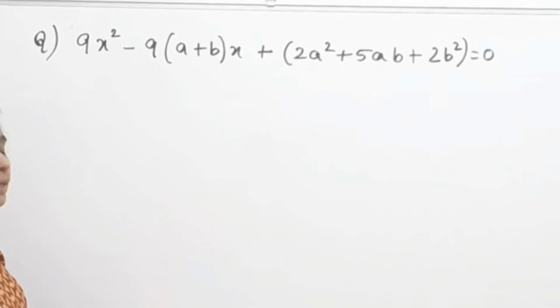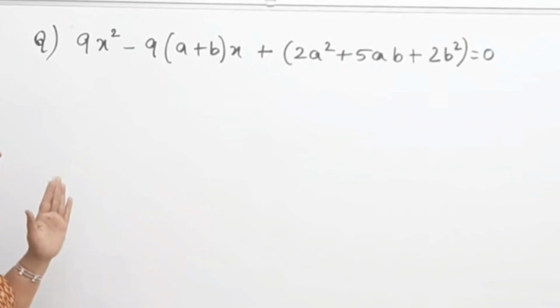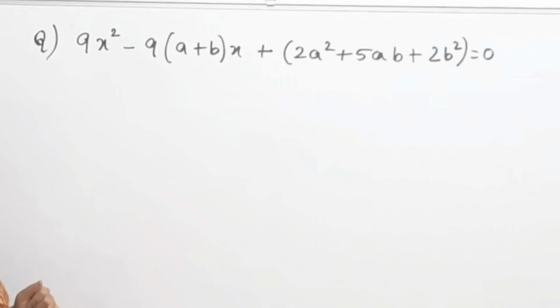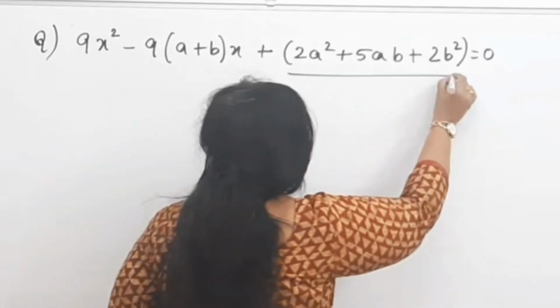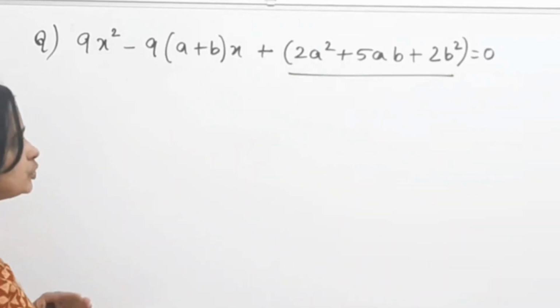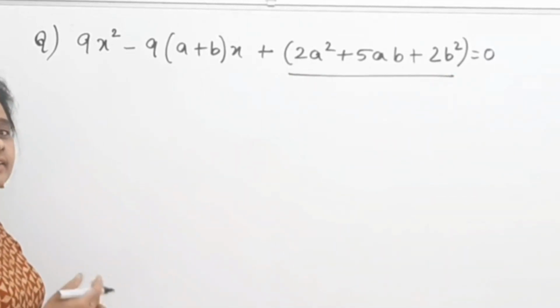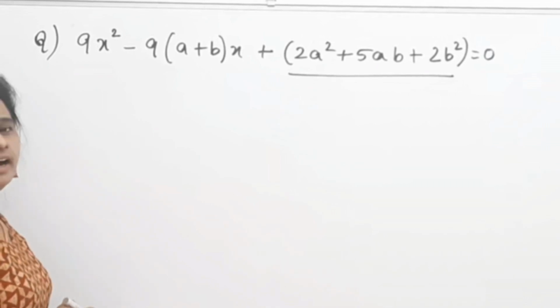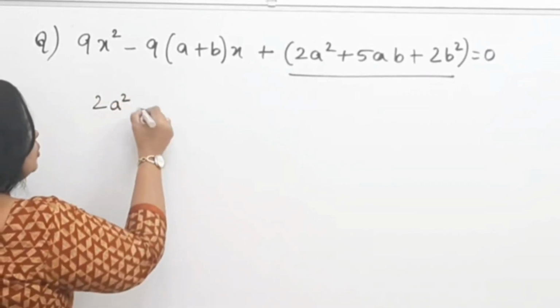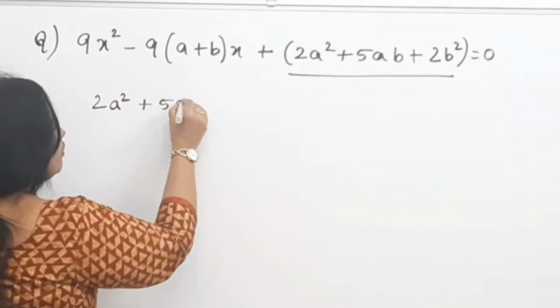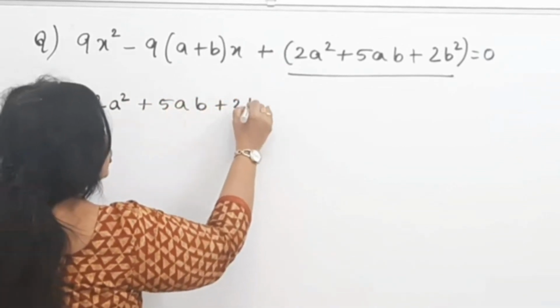So you have to be a bit careful to find the factors for this quadratic equation. What I do is, when I look at the constant term, I understood I can further find the factors for this expression. So, let me take my constant term 2a square plus 5ab plus 2b square.